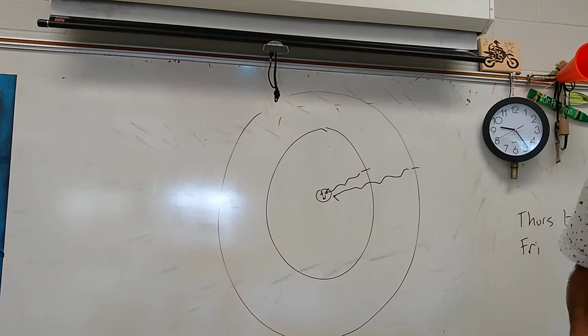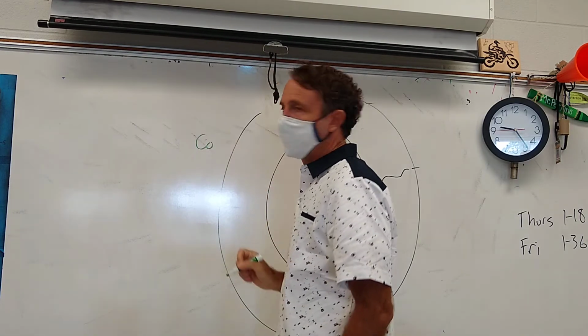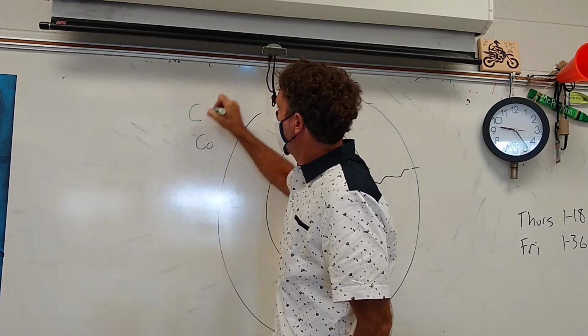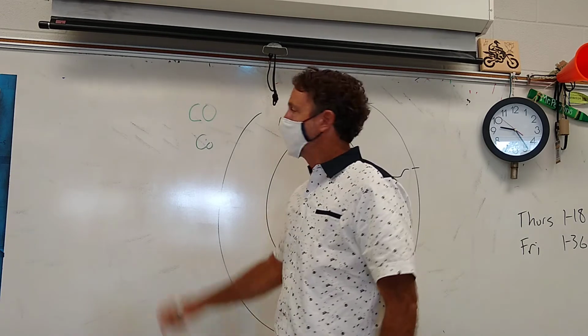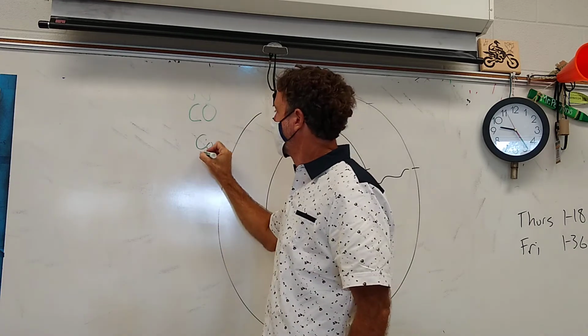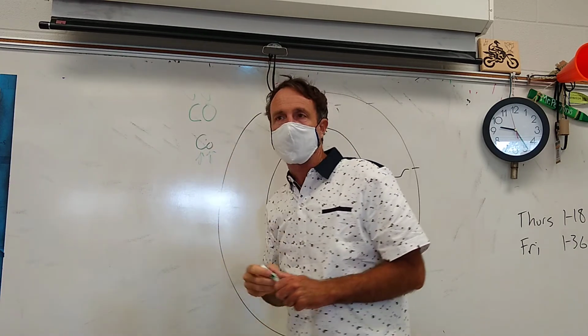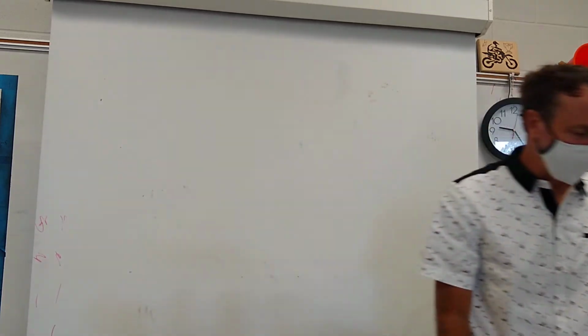If you wrote CO and didn't make the second one lowercase, then it would look like you wrote carbon and oxygen. Does that make sense? So first one capitalized, second one lowercase. You feeling it? Okay. We got one last thing to learn today.